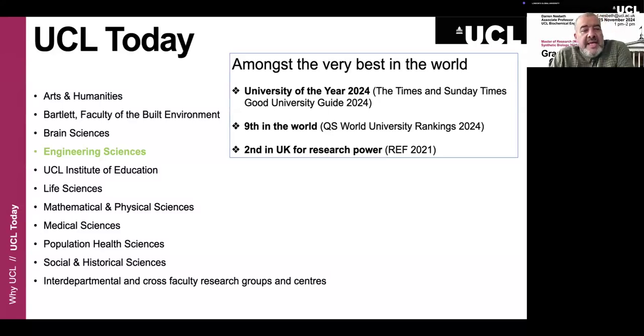We think that's a particular advantage of choosing UCL for your synthetic biology qualification, because other departments in other universities may have a larger degree of fundamental research, so not necessarily applied.